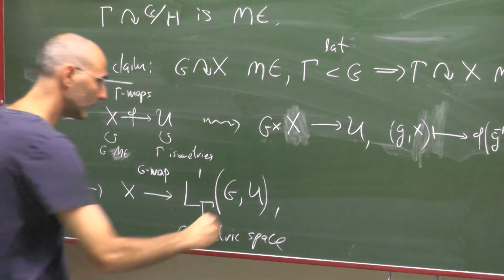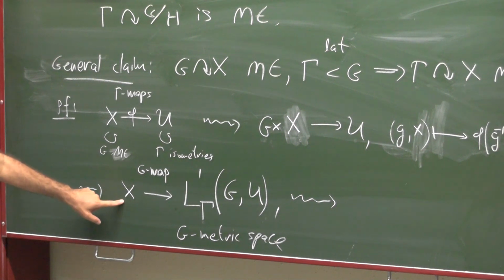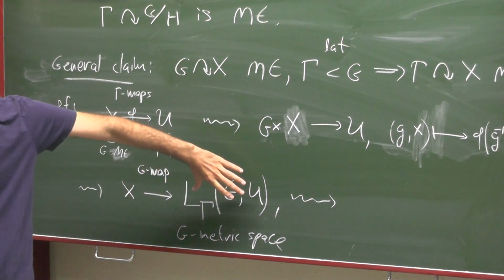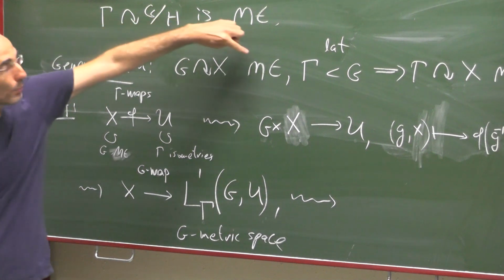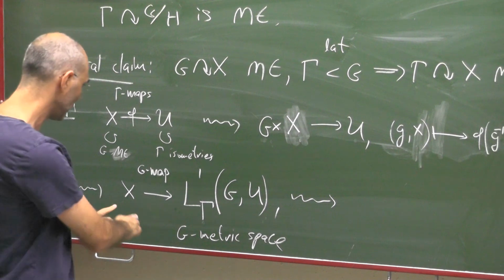Okay, and since I was mapping X G equivariantly into this G metric space, and since X is assumed to be GME, this map here is constant.